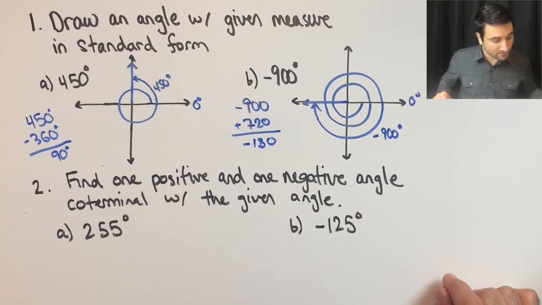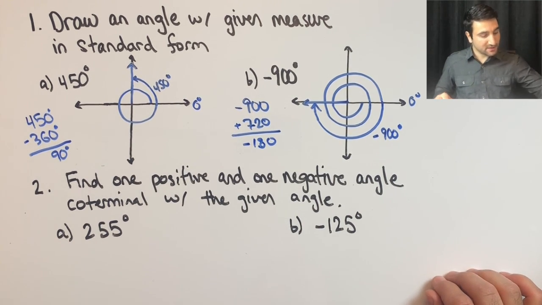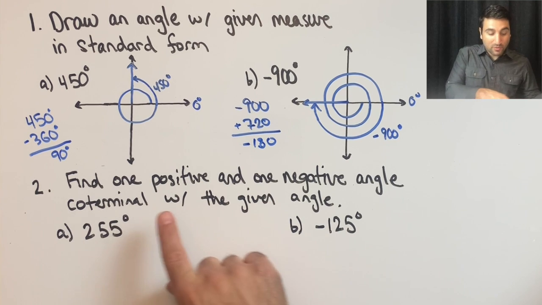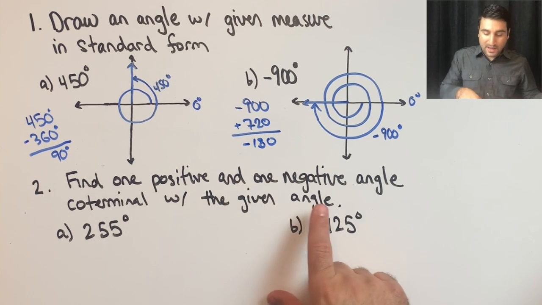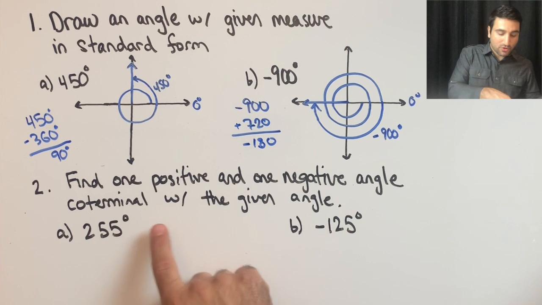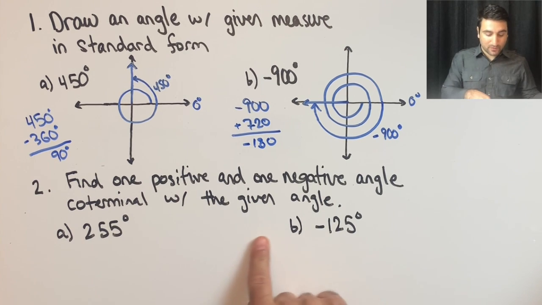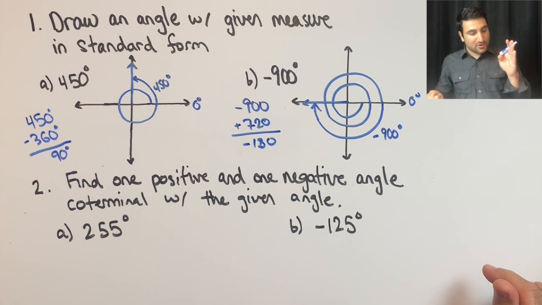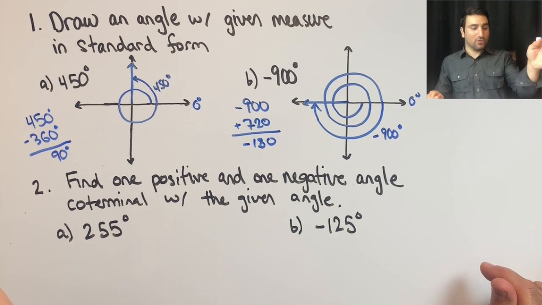All right. This next problem has to do with coterminal angles. It says find one positive and one negative angle coterminal with the given angle. Coterminal, if you remember from the lesson portion, is an angle that shoots in the same direction.